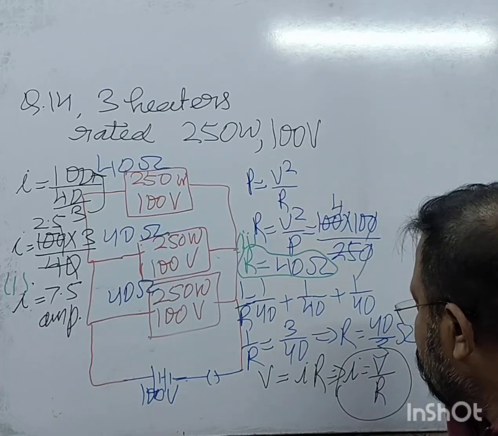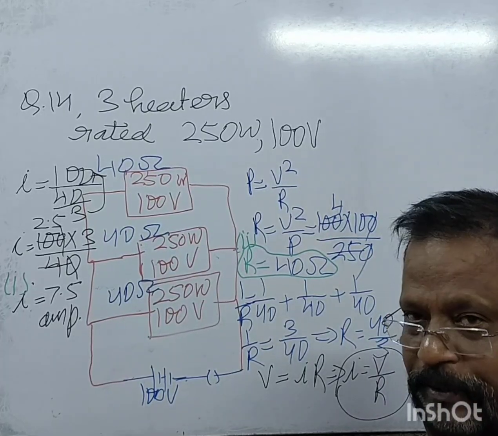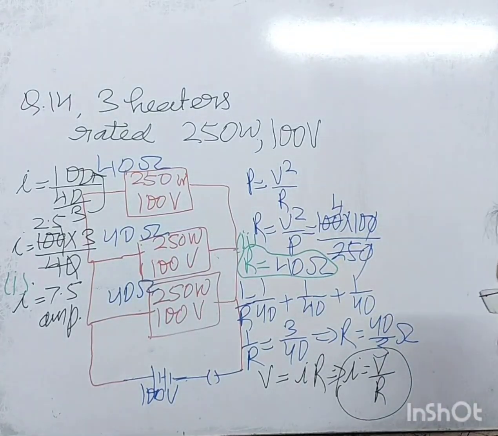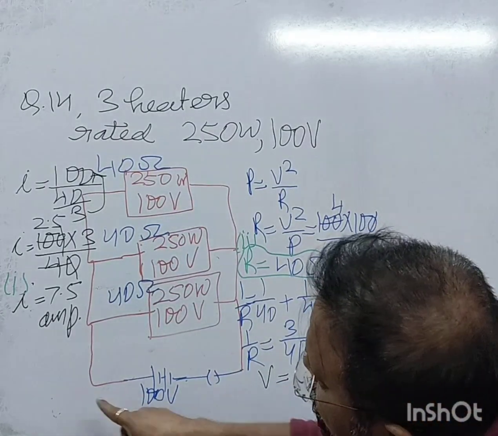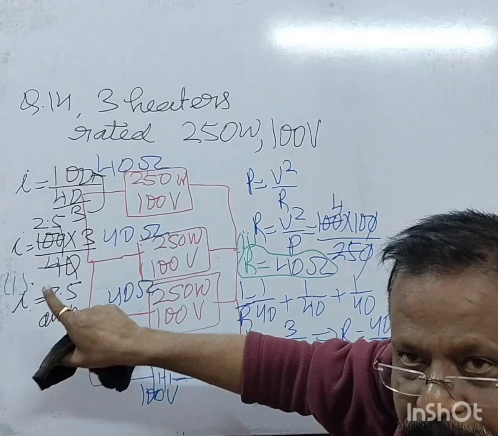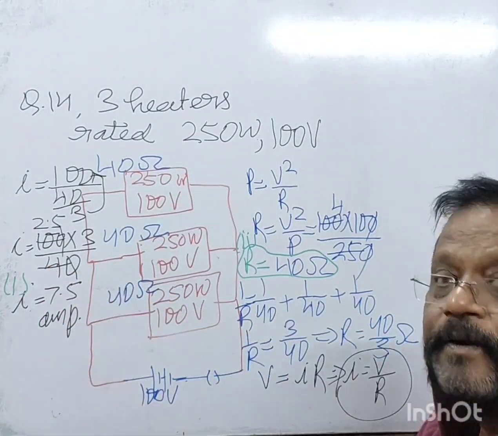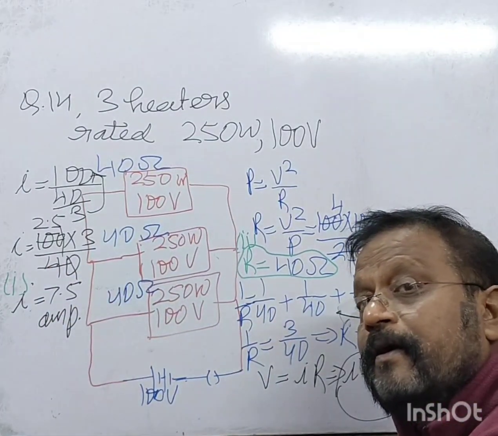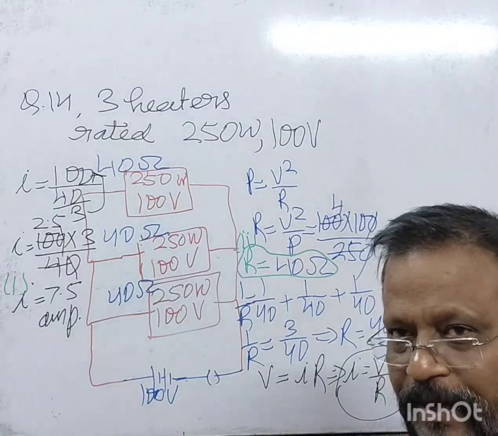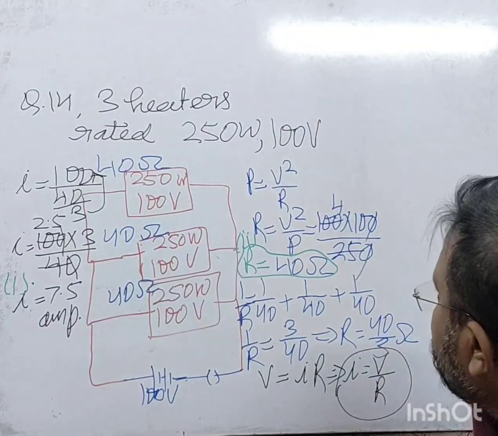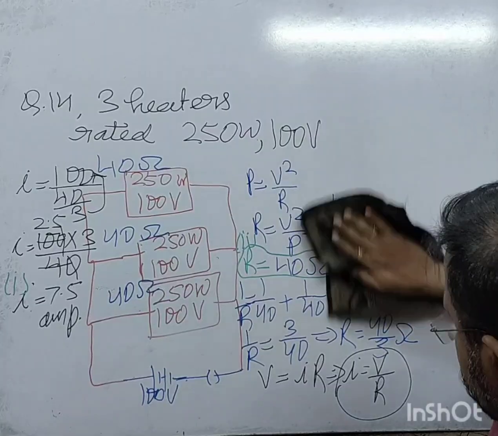Net resistance is 40 upon 3, and current flowing in the circuit is 7.5 ampere. Right?